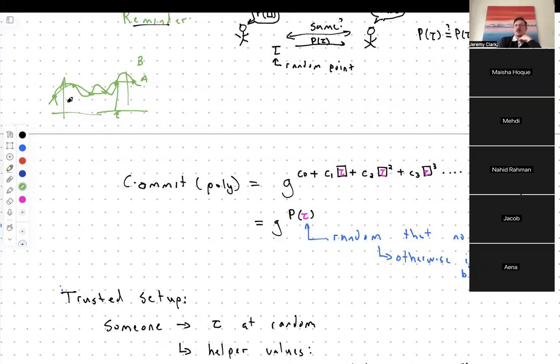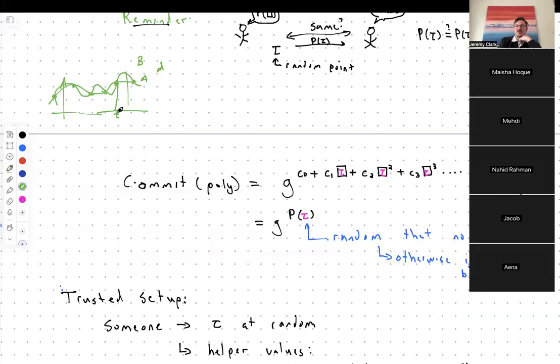So the question is, if I want B to be close to A, I want it to overlap or intersect at as many points as possible. How many possible points can I have it intersect with A? That's bound by the degree of the polynomial. So assuming that A and B are both degree D, I can have it intersect at most D points.